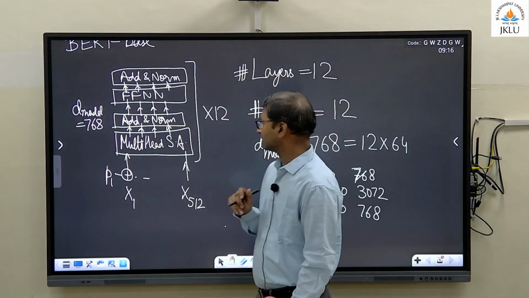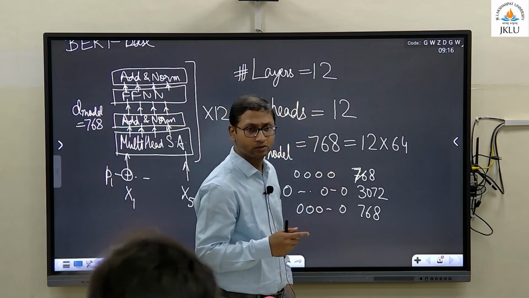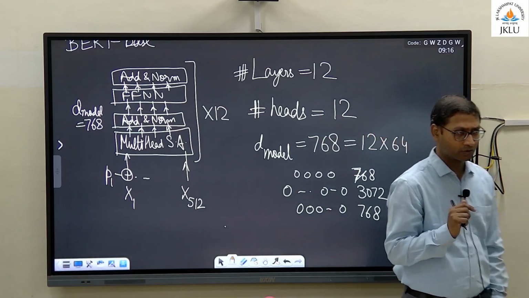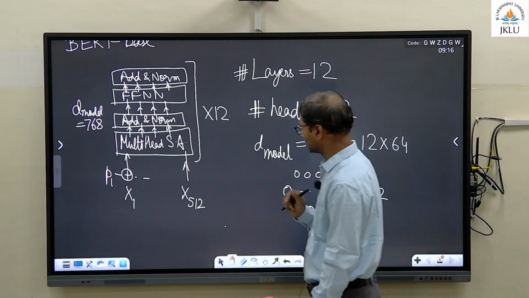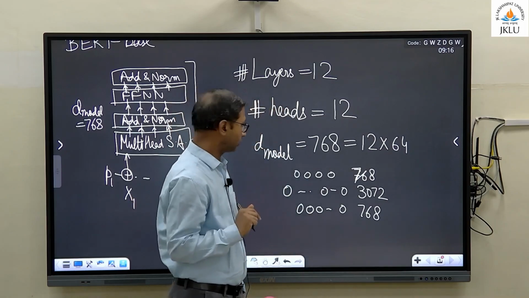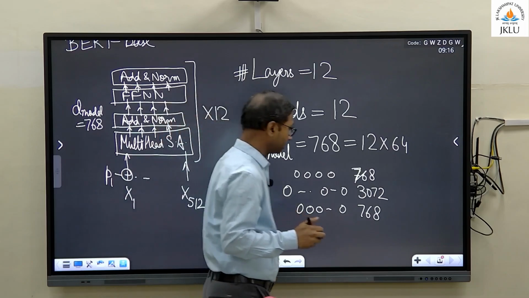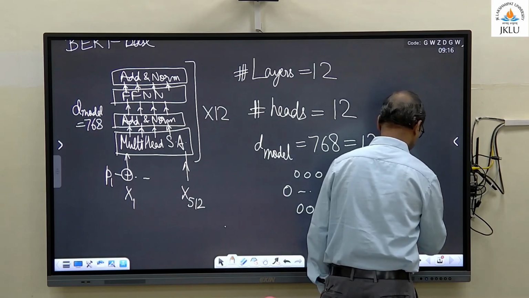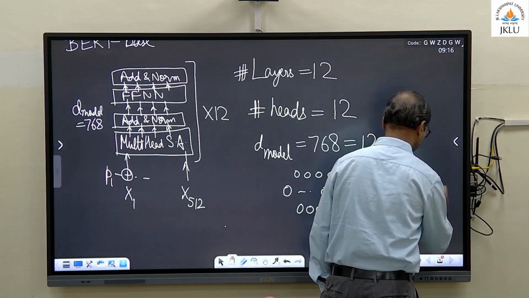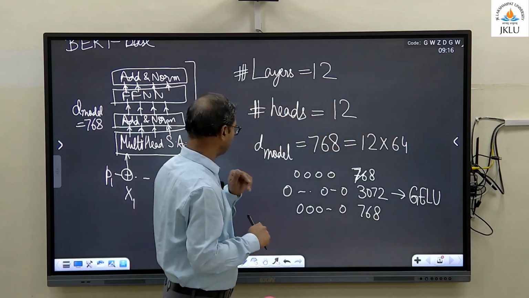I don't know that. So check whether this uses GELU or ReLU. Should be ReLU, but I am not sure. But it will be some version of ReLU only. Okay. Now quickly tell me, GELU. So here you use GELU.